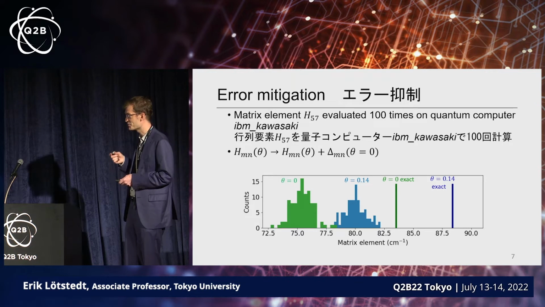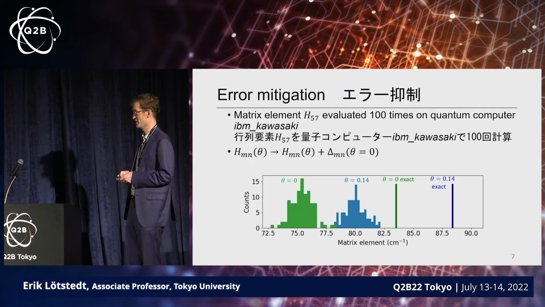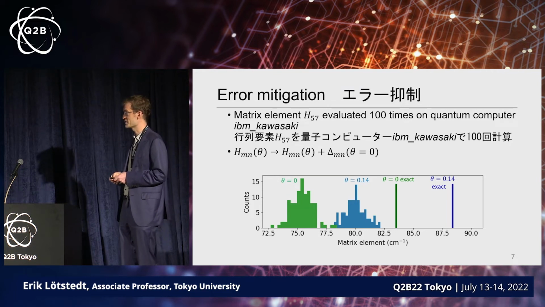By construction, at theta equal to 0, this is of course measured on the quantum computer, but also the exact value can be obtained on the classical computer efficiently, even for a large system. This is still CO2, so there is no problem calculating it on our desktop, but even for a large molecule, we could obtain this.